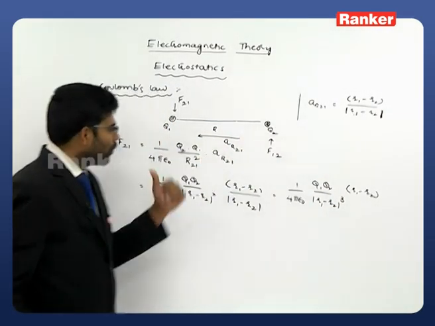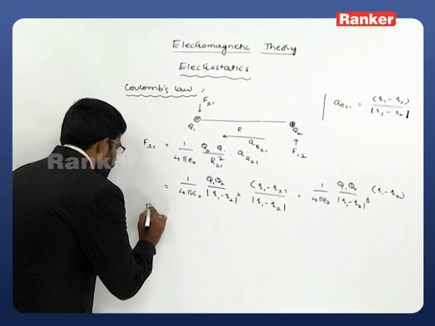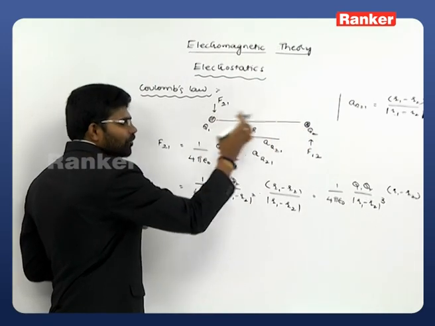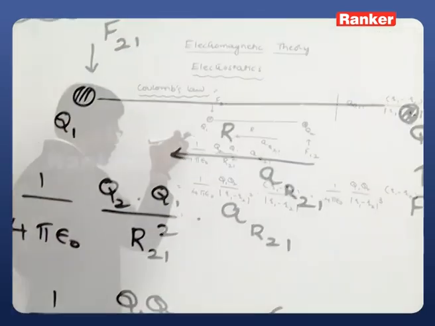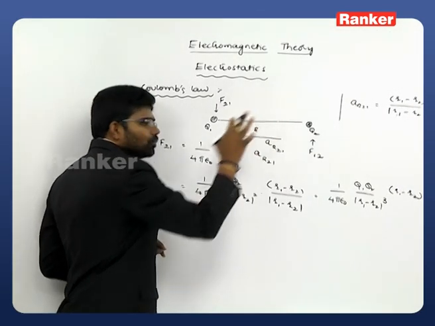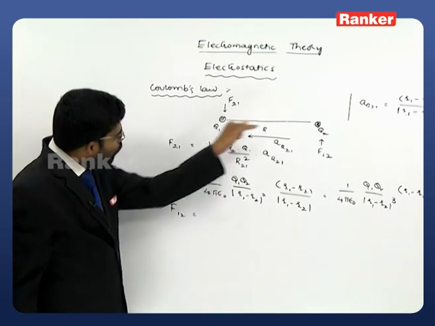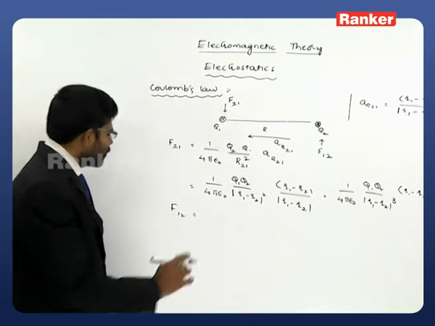Now in the same way, I will define F12 also, the force acting on 2 because of 1, that is F12, the force from 1 to 2. Once again write down the equation for this one.